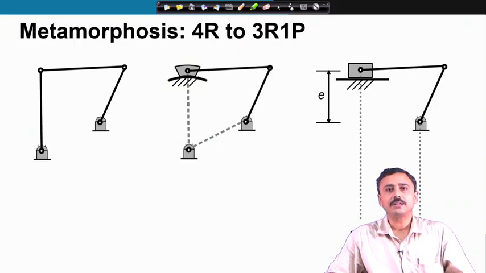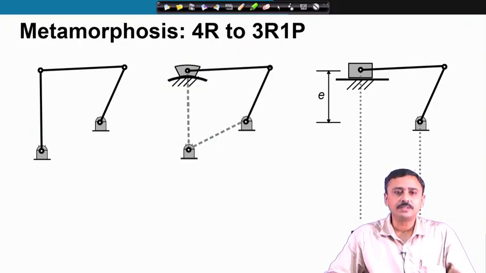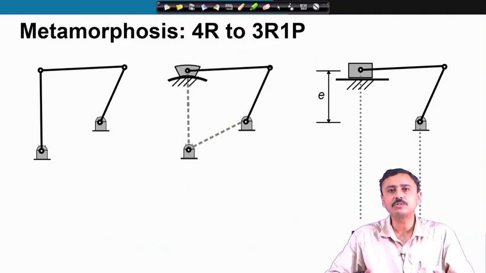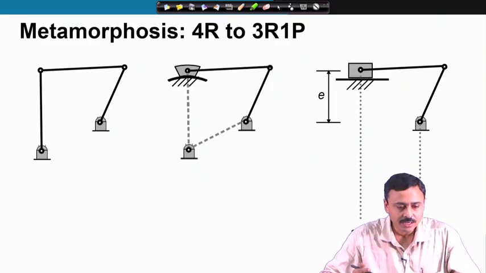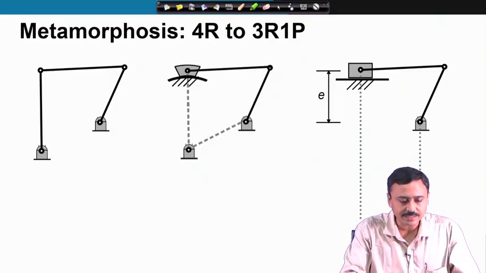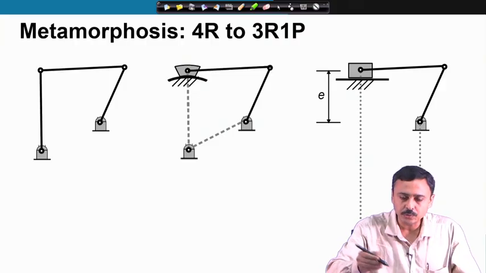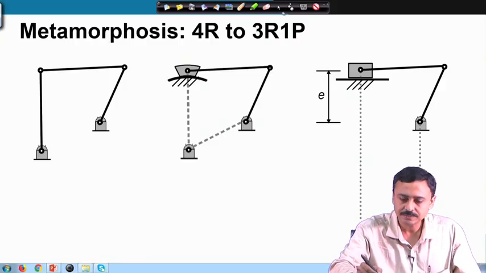Now, let me discuss this conversion of a 4R chain to a 3R1P chain. This is a metamorphosis. So, there is a sequence of 3 figures. I will take you through these figures.